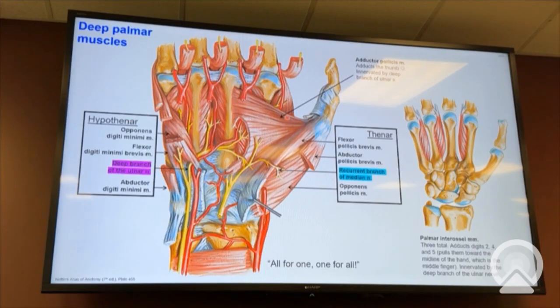It's involved in adducting the thumb, so this is adductor pollicis, and it is innervated by the deep branch of the ulnar nerve. Don't get confused: even though it is a pollicis muscle and it is over here on the thumb side, it doesn't get the recurrent median nerve, it just gets the deep branch of the ulnar nerve. If you're in an abducted position, kind of like this, you would use adductor pollicis to bring the thumb back to a neutral position.